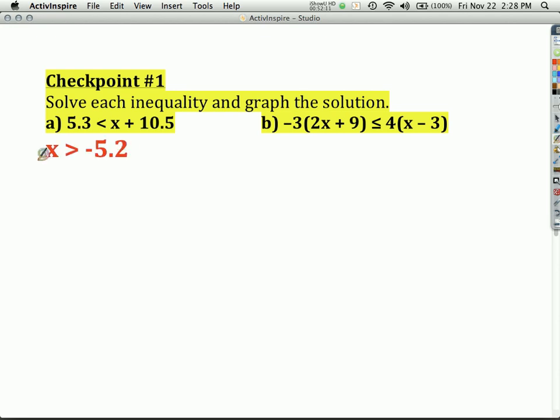So it comes out to x is greater than negative 5.2. And what about part B? What did you get? Start with Catalina, Hezekiah, Brian, and then Alicia. What'd you get, Catalina? Okay.